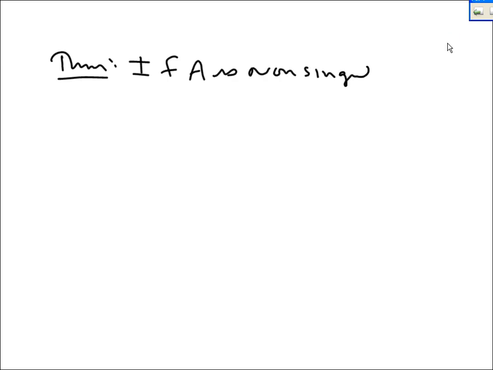Okay. Another theorem. If A is non-singular, then A inverse is non-singular.